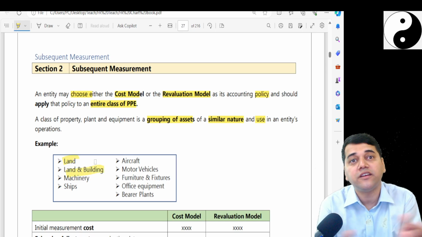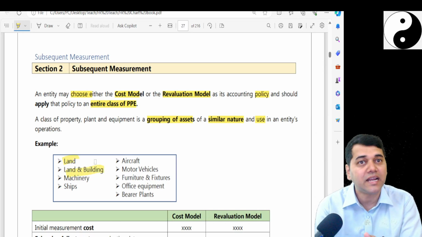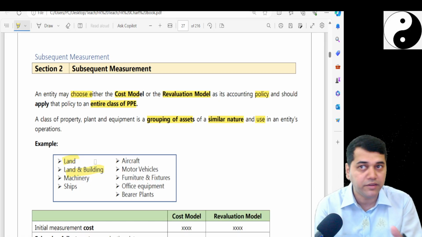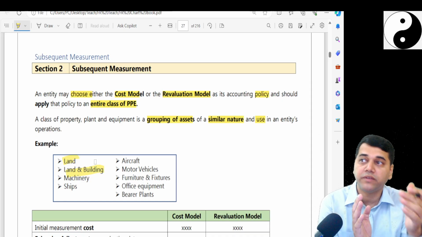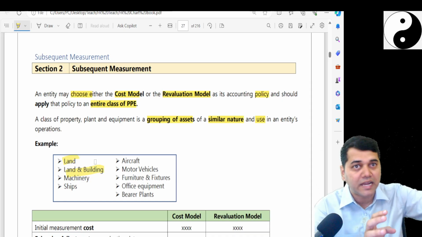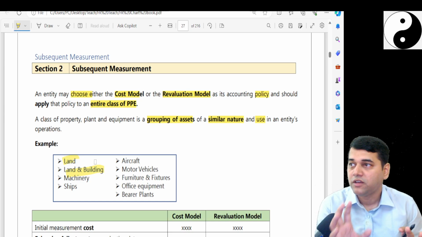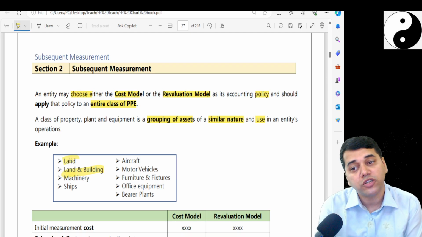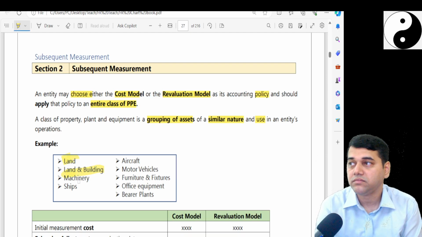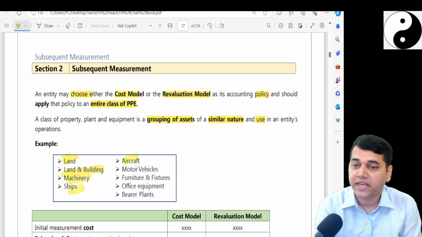Land with a building is totally different. In the building we discussed yesterday, when we talk about construction of the building, we can say total, but when it comes to depreciation, we bifurcate. Land cost is so much, depreciable cost is so much. That land is totally different from a vacant land. Machinery, ships, aircraft may also be different classes.